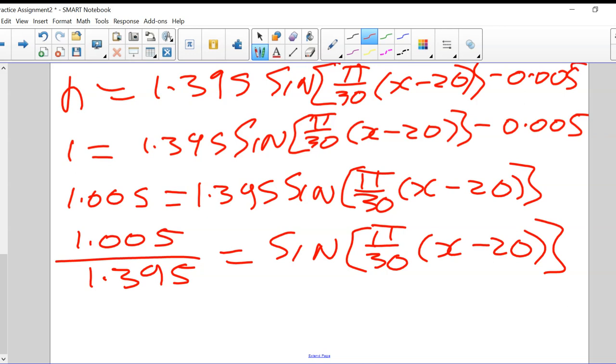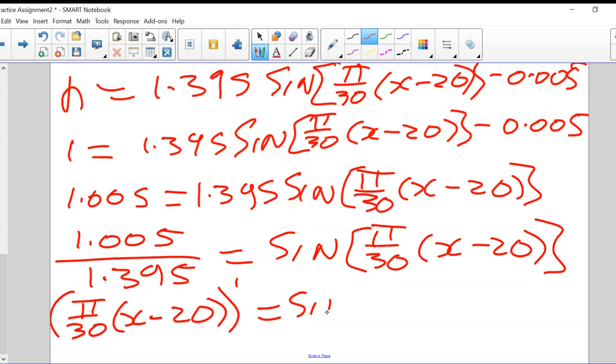What am I trying to find the inverse sine of? Oh, I see. Okay, so I'm going to say the pi over 30 x minus 20, and I'm going to call this prime for now, is equal to sine to the minus 1 of 1.005 over 1.395.